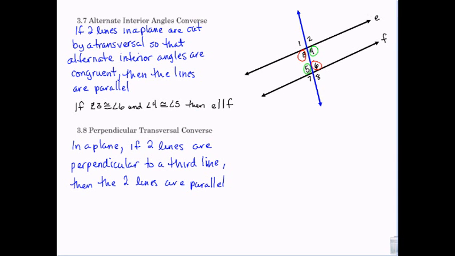Okay, remember we had that parallel postulate where it said that if two lines were cut by a transversal and one angle was perpendicular, then the other ones were also perpendicular. This goes backwards. So we have two lines.